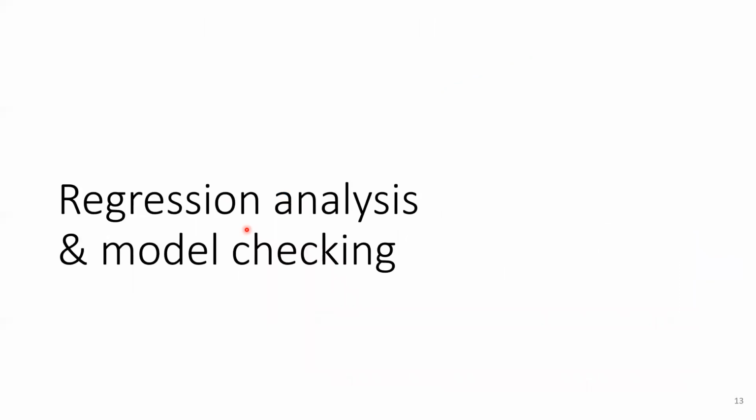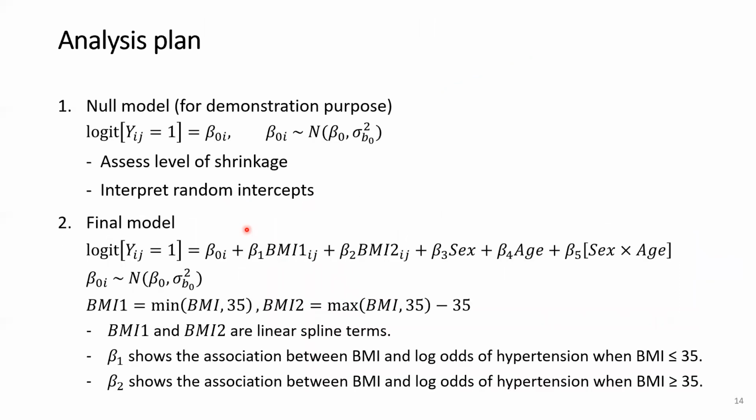Then we move on to regression analysis and model checking. The analysis plan is very simple. I wanted to make it simple. First, we are going to fit a null model, meaning we include only the intercept without any predictor variable.